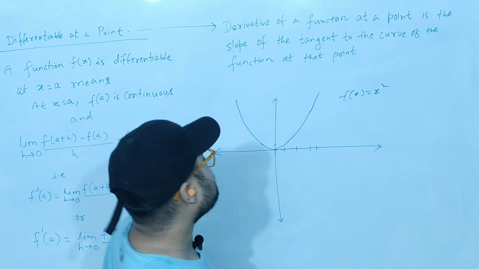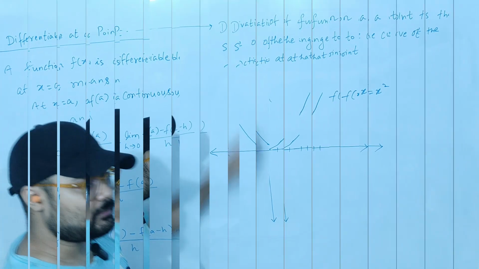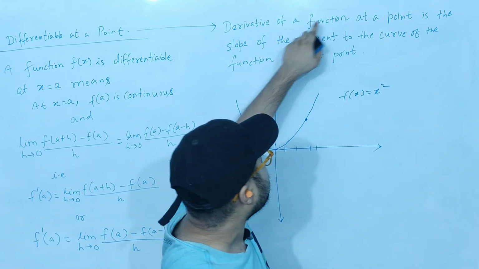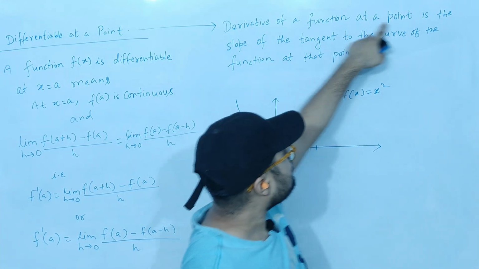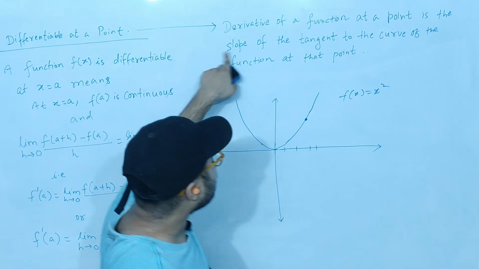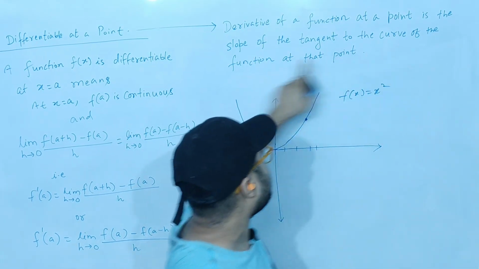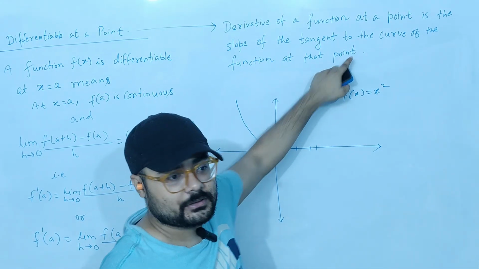Now, what do we mean by derivative of a function at a point? Derivative of a function at a point is the slope of the tangent to the curve of the function at that point.